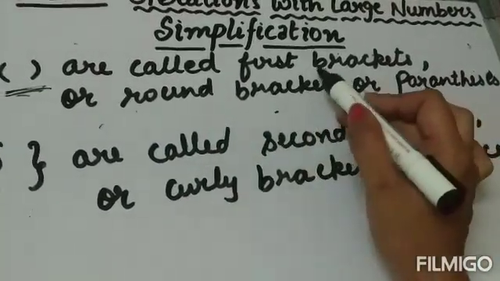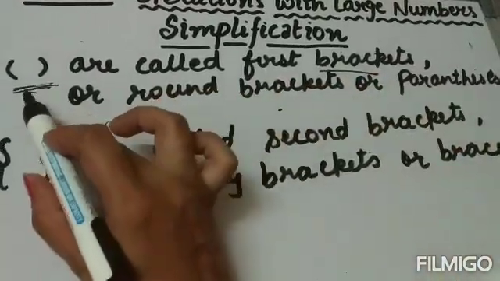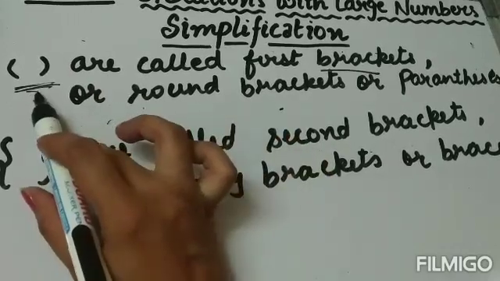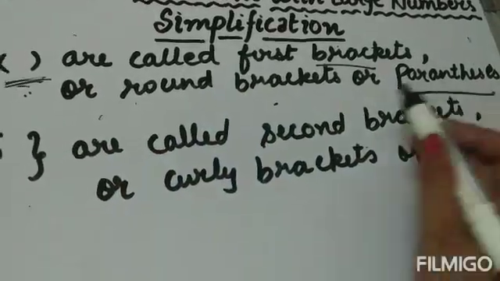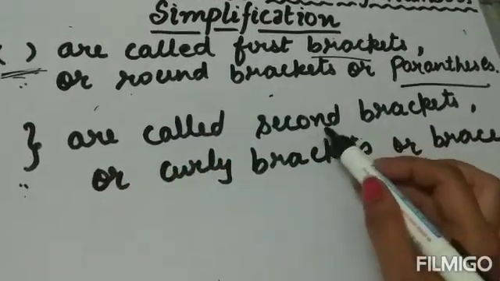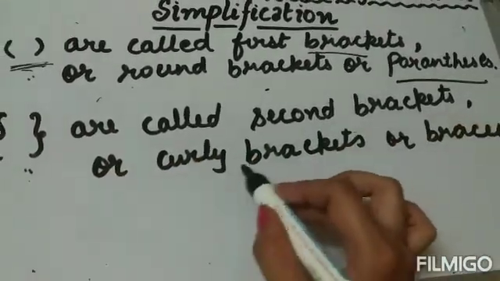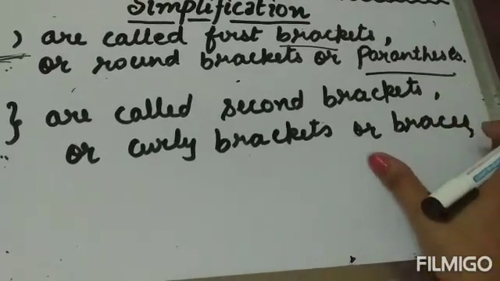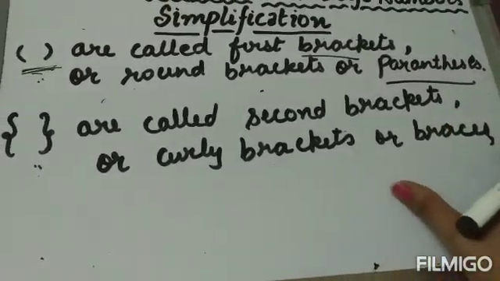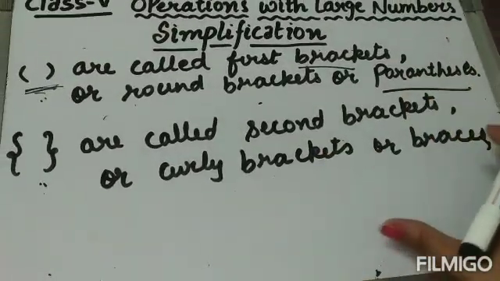We can use any name for this bracket. And these are called second brackets. This curly bracket is called second bracket or curly brackets, or we can call them braces. Okay, so these two kinds of brackets we will do in this chapter.